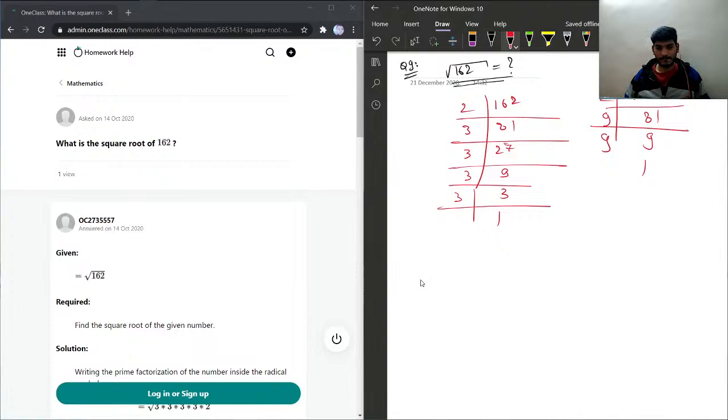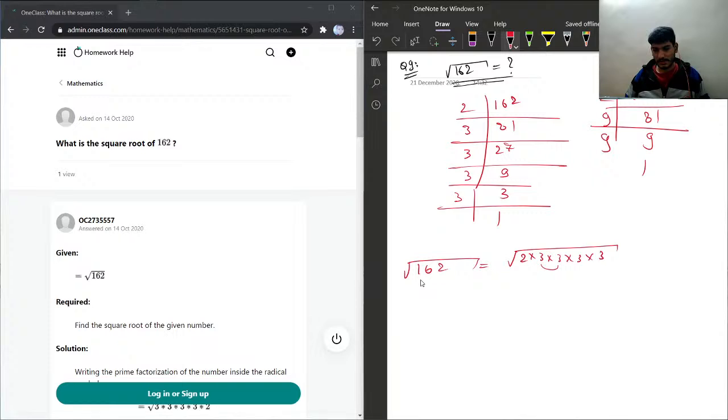Now I will write 162 as 2 into 3 into 3 into 3 into 3. Now I'm going to club two similar terms.